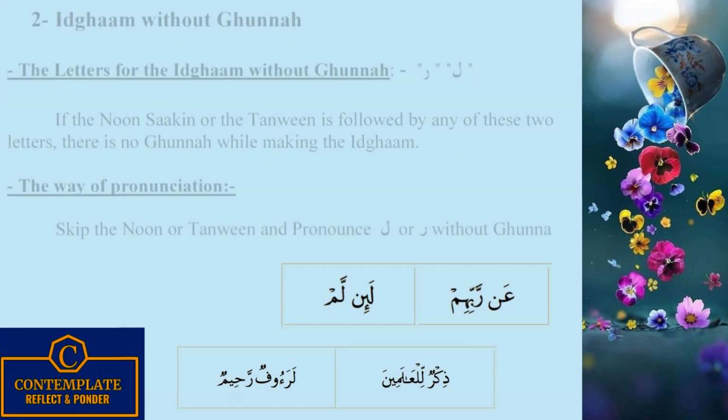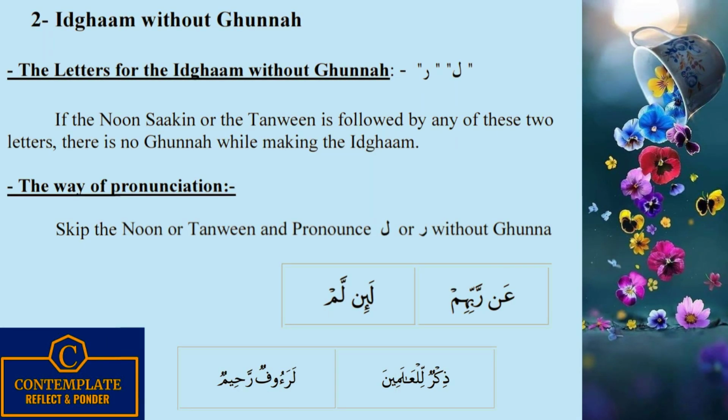Now let's talk about the other type of idgham, which is idgham without gunna. Basically we had the 6 letters in the category of idgham, which were yarmalun, and we divided all of these 6 letters into 2 categories. The first type is idgham with gunna, which we have discussed just now, and now we are going to discuss idgham without gunna.